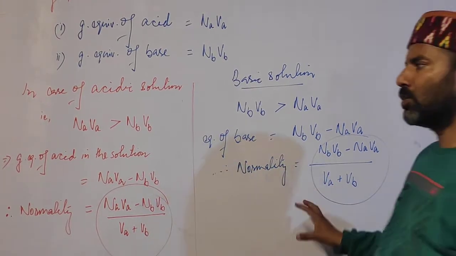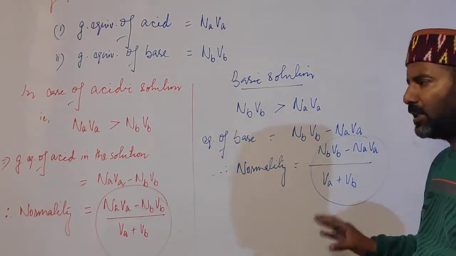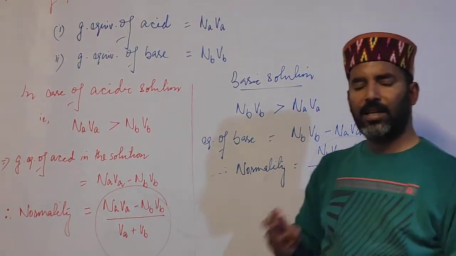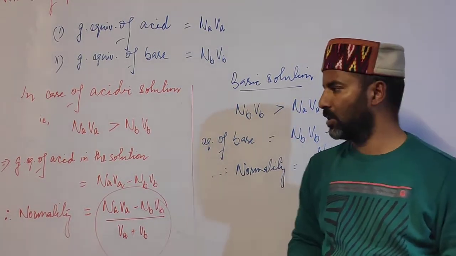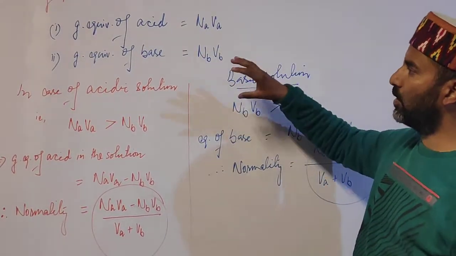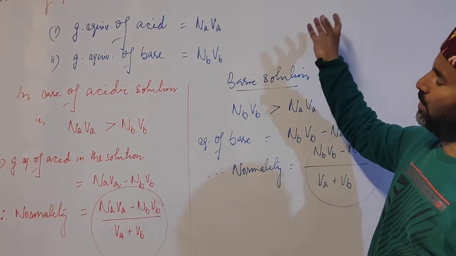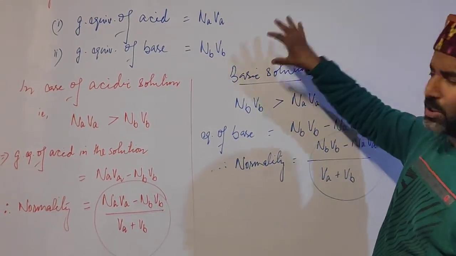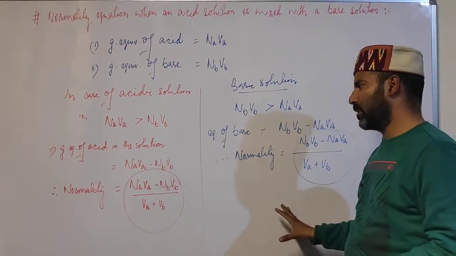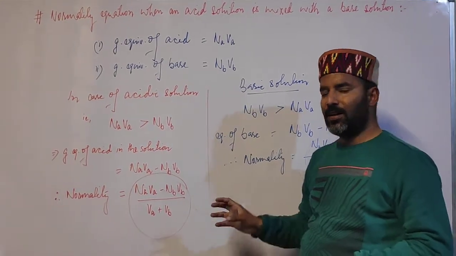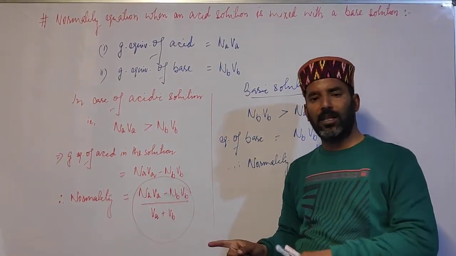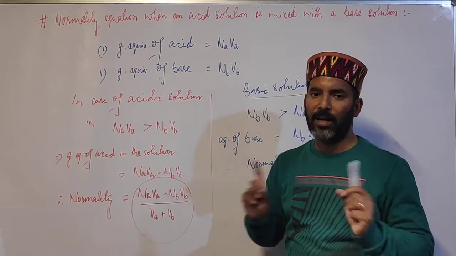So students, these were the molarity and normality equations when acid and base solutions are mixed. This was a case where the neutralization is not complete. Earlier we had discussed a case where the acid is completely neutralized by a base, that is, titration.